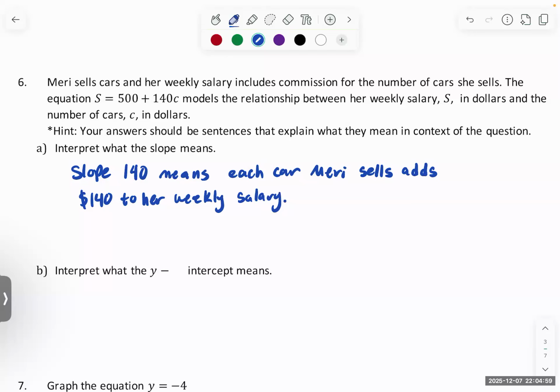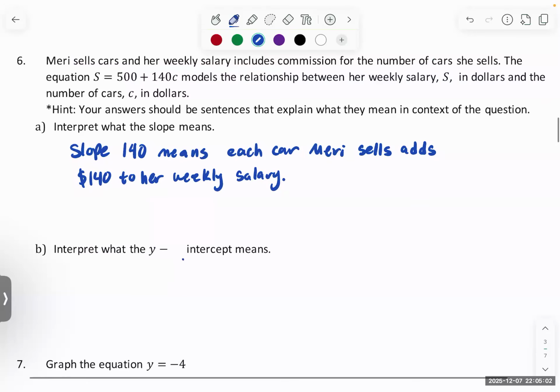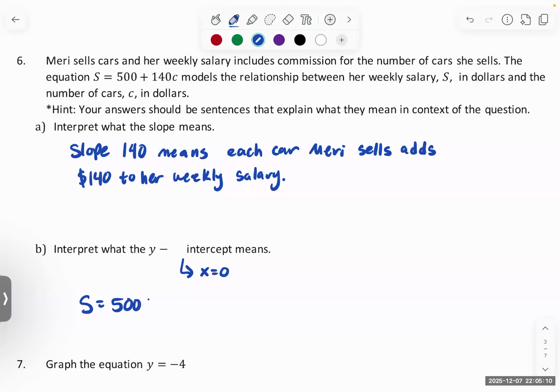Okay, super. Interpret what the y-intercept means. So the y-intercept is when x equals 0. So in this case, if you were to set C equal to 0, so S equals 500 plus 140 times 0, well, that's just 500. So the y-intercept, 500.